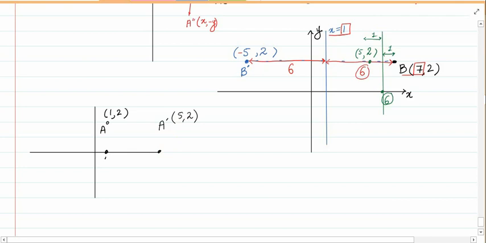What is the line of reflection? How do you find it? Keep in mind that the line of reflection should lie in between these two values. It is exactly halfway. Can you find the equation of the line? Give it a try by yourself.